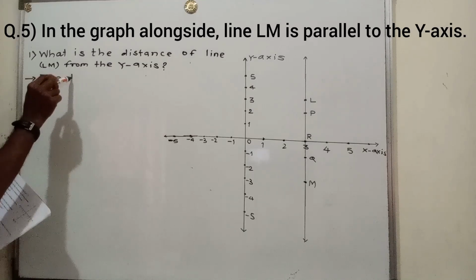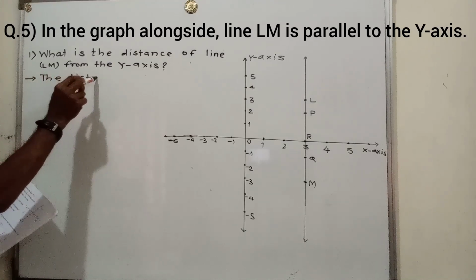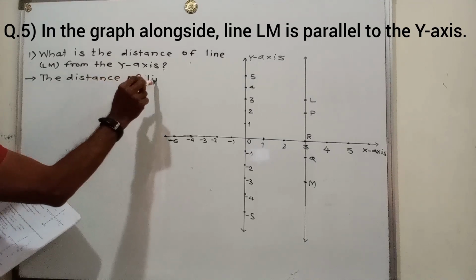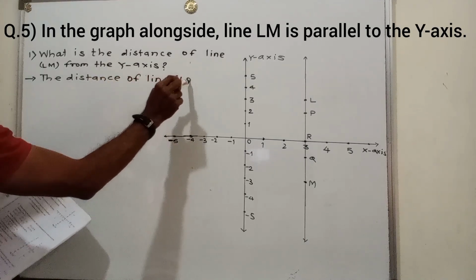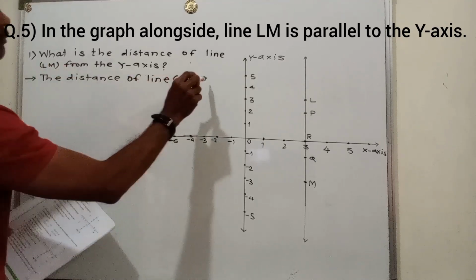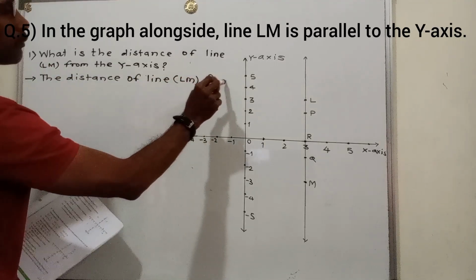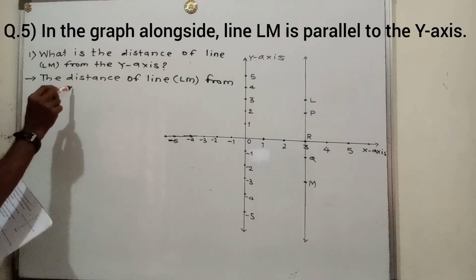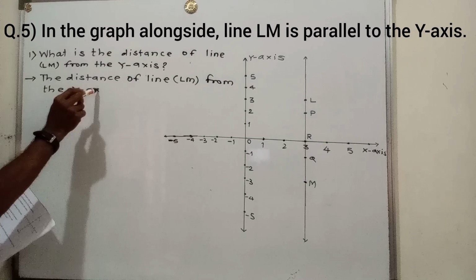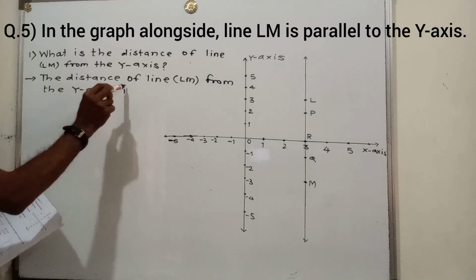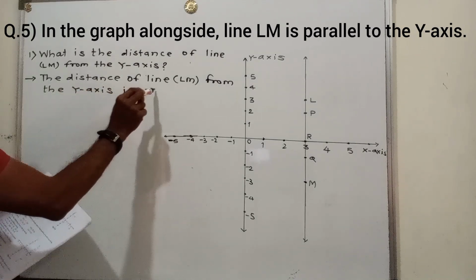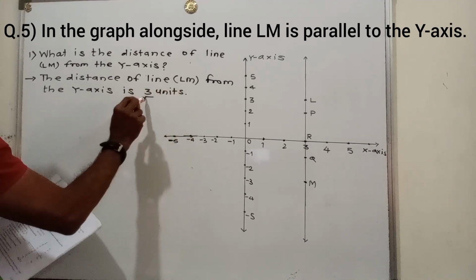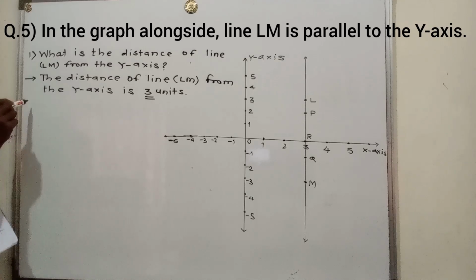The distance of line LM from the y-axis is 3 units. This is your answer. Okay.